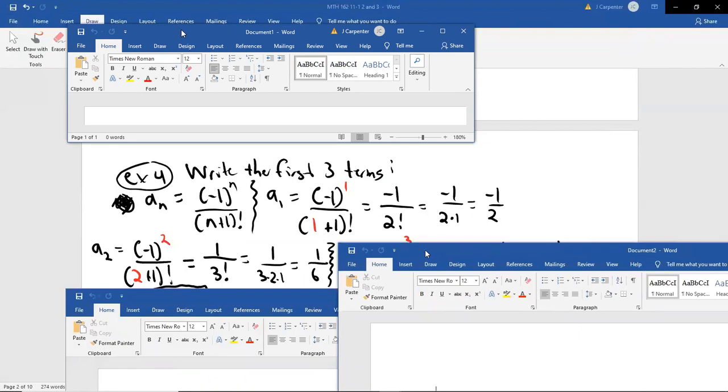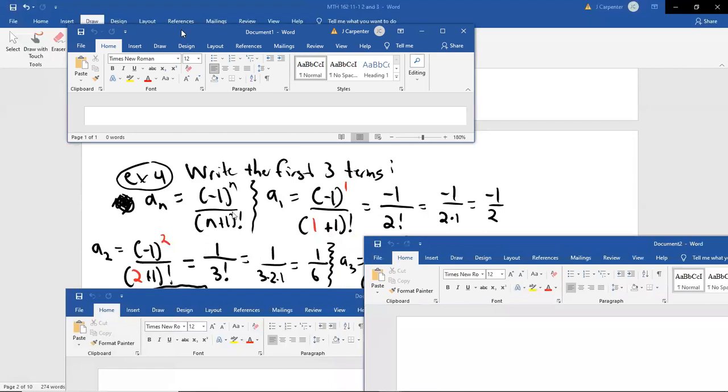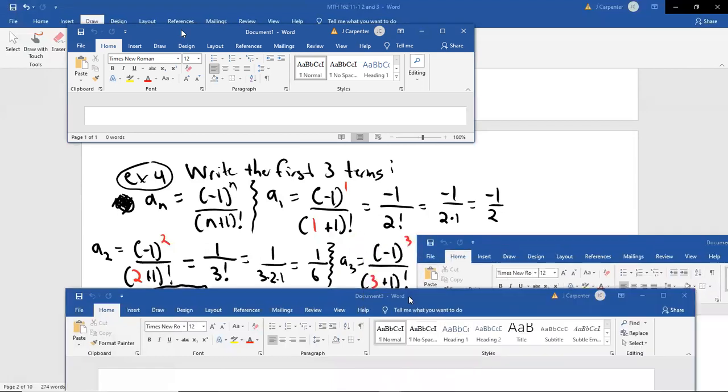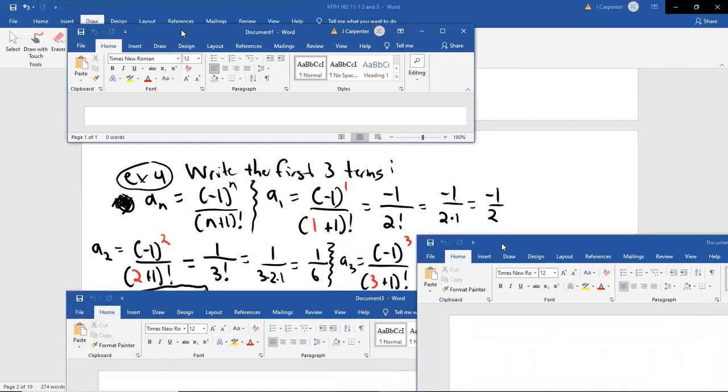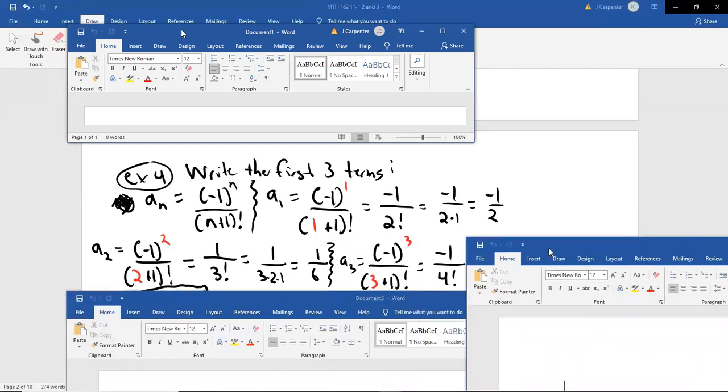Finally, a sub 3, we're not doing a bunch of these terms. Just trying to establish patterns, see what happens with the alternator and the factorial thrown in there. So now the n's in the original formula become 3's. So that's negative 1 to the third over 3 plus 1 factorial. A negative raised an odd number of times is a negative. 3 plus 1 is 4. So that's negative 1 over 4 factorial.